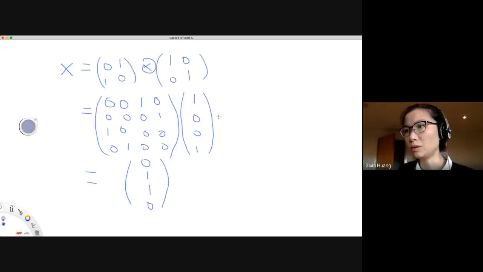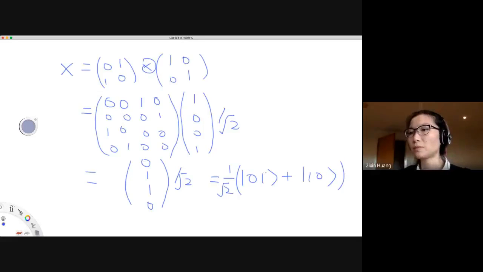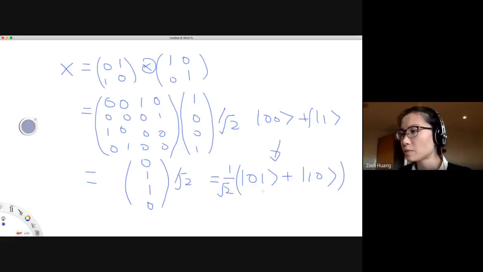Okay, I'm going to put in the normalization factors. So this thing is equal to the 0, 1 plus 1, 0. So now we have converted from the 0, 0 plus 1, 1 to this thing.